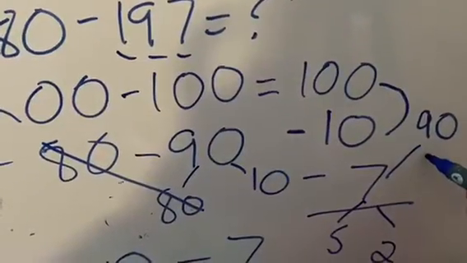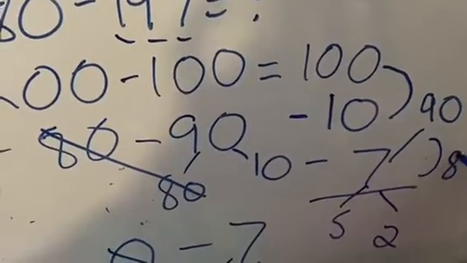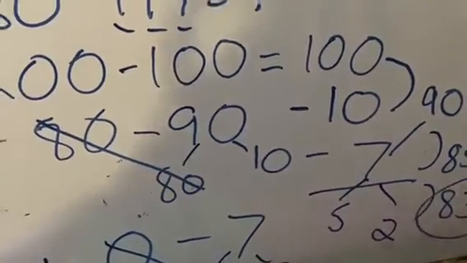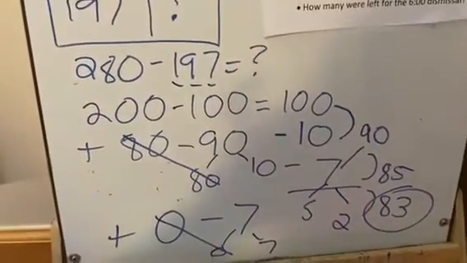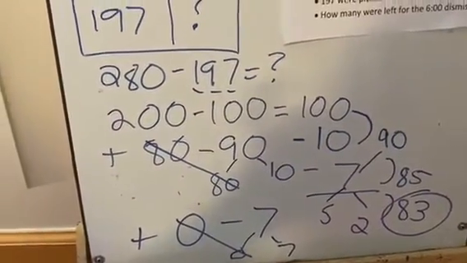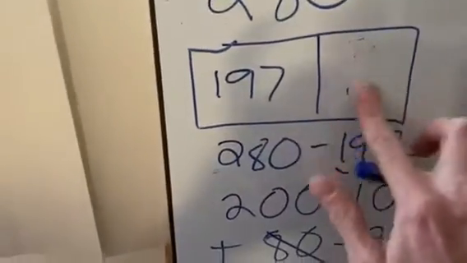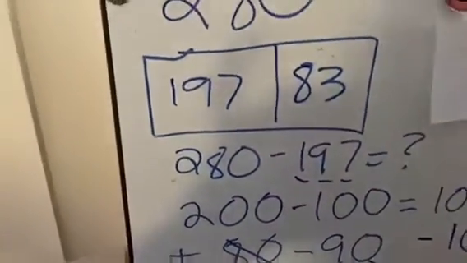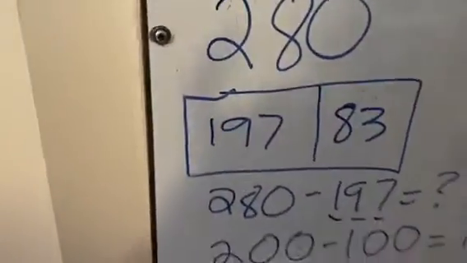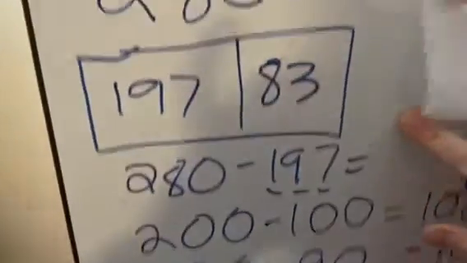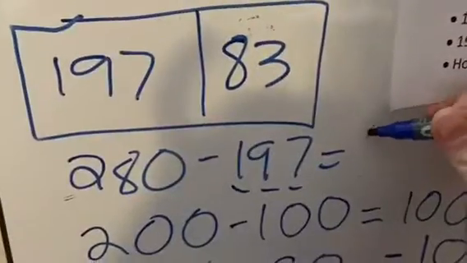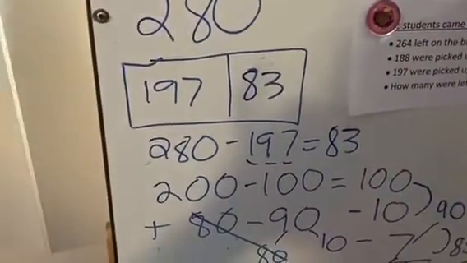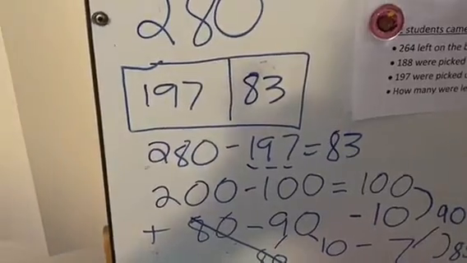Now we can go 90 minus 5 is 85. 90 minus 2 is 83. And we find that there are 83 students left in this last dismissal. So our tape diagram can be complete with 83 students left at the dismissal. And we know that our equation will be 280 minus 197 equals 83.